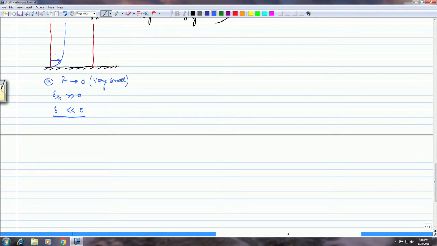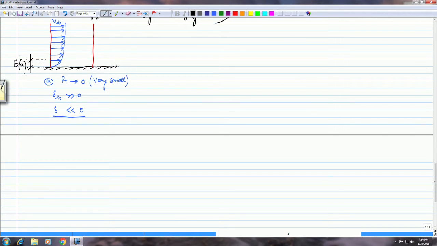this is my boundary layer. This is the free stream velocity, and essentially it is this height till which we have a differential velocity.